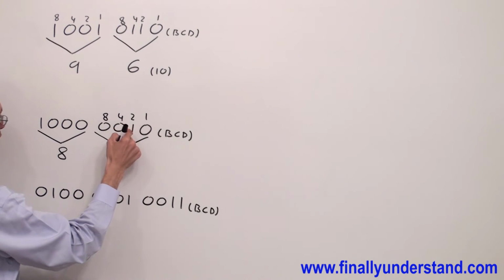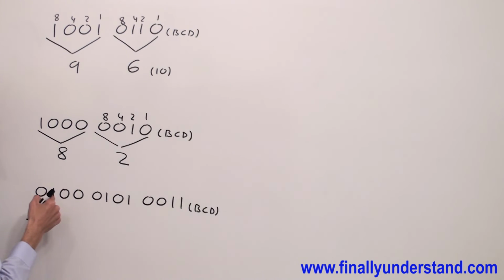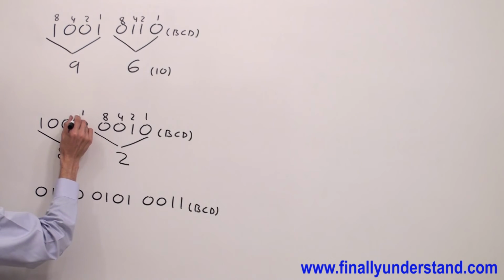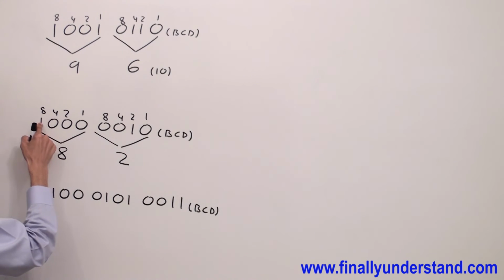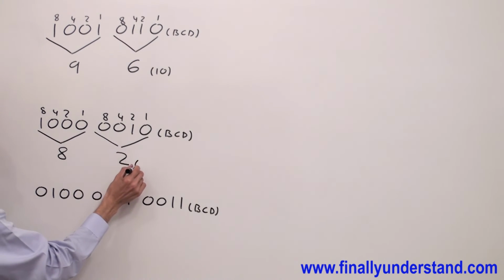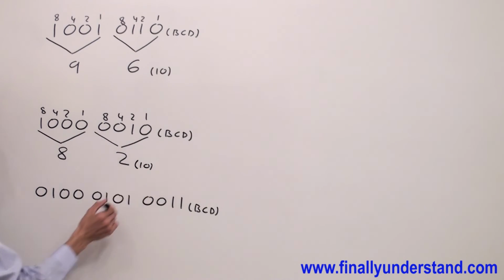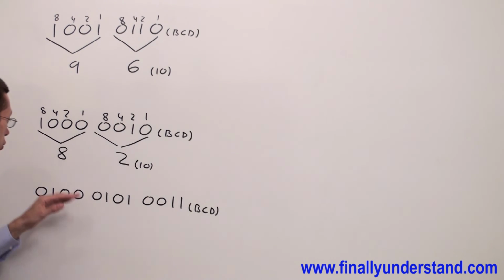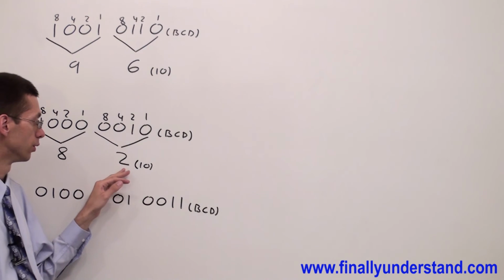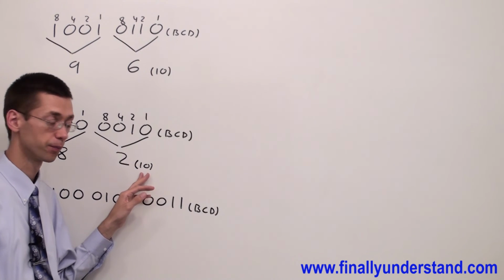So that's why this is 2, because I have 2 over 1. And this one is 1, 2, 4, 8 is 8 because I have 8 over 1. This is base 10. So this BCD number is equivalent to 82 base 10.